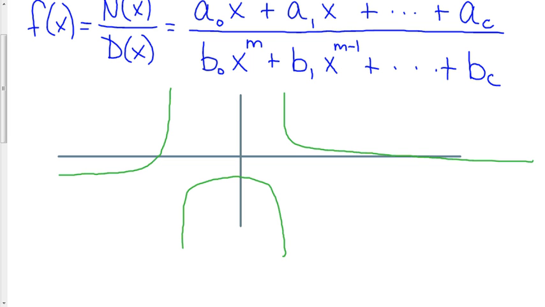What they have that's different would be things called asymptotes.